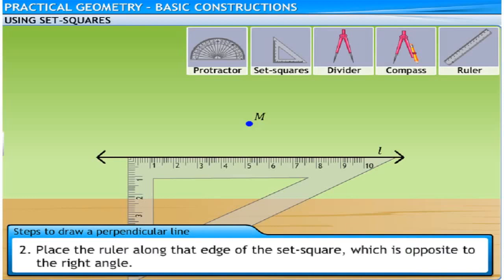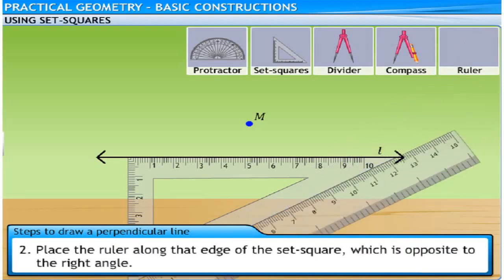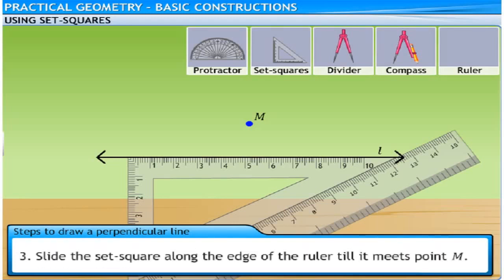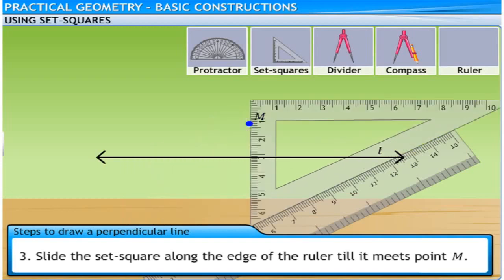Next, place the ruler along that edge of the set square which is opposite to the right angle, that is, the hypotenuse. Now, slide the set square along the edge of the ruler till it meets point M.